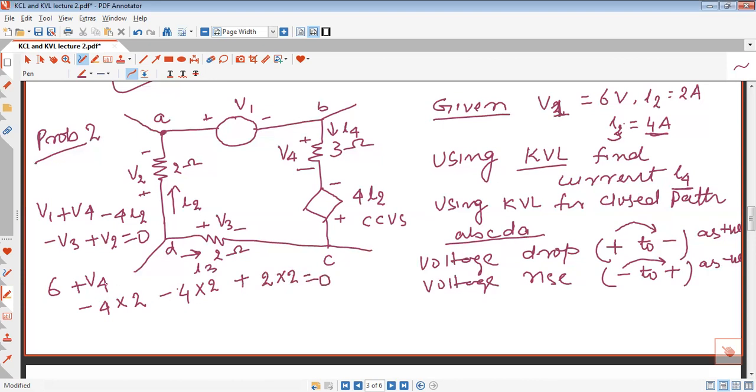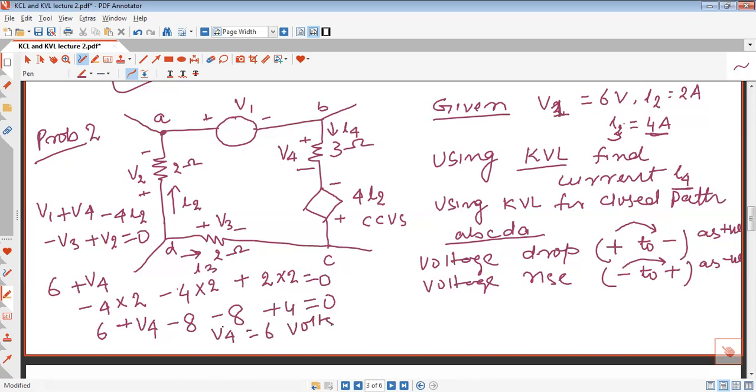So from here we can find the value of V4. It will be 6 plus V4 minus 8 minus 8 plus 4 equal to 0. 8 and 8 make 16, and this will be 10. So V4 will be equal to 6 volt.